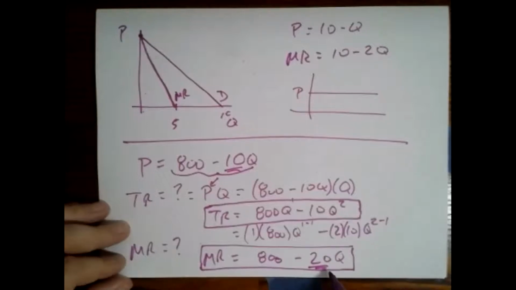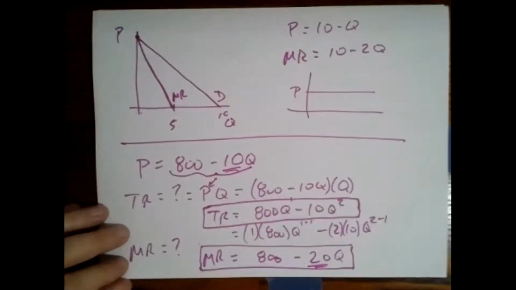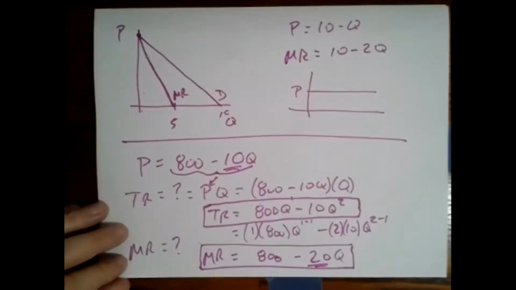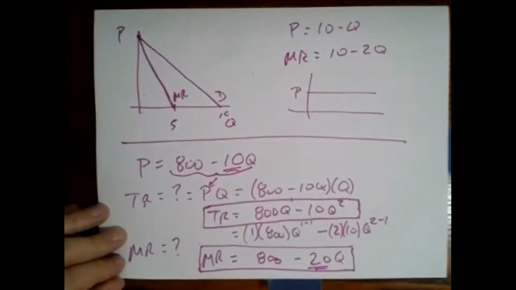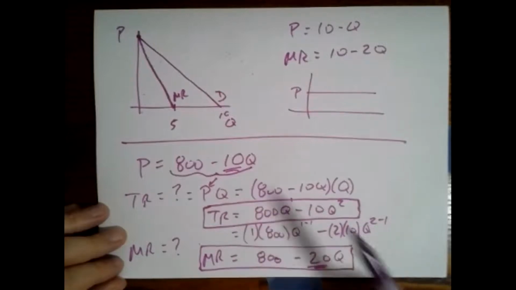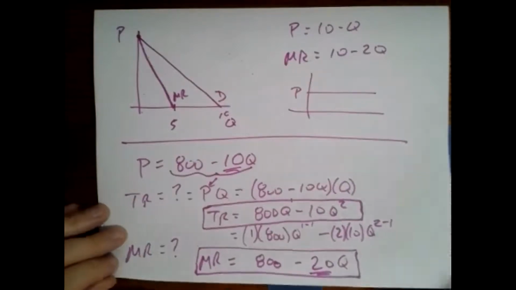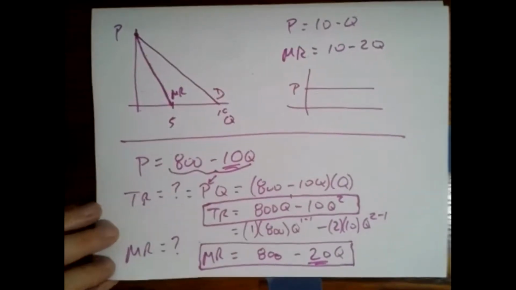So the slope of the marginal revenue is twice the slope of the price. And that's given that we're always going to work in this class with linear demand functions, right? Straight line. That's always going to be true. So that's a good way to check yourself to make sure that your marginal revenue has twice the slope of the price function.